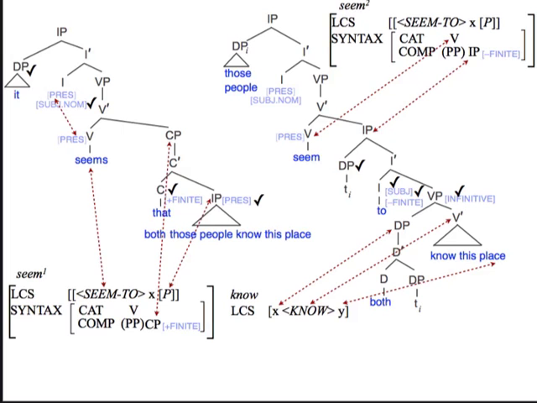For whatever reason, they can be left behind, but a DP of some kind needs to move into, and in this case it has to be nominative, right, form. So it would be they seem to know this, rather than them seem to know this. And so all of those things have to hold.